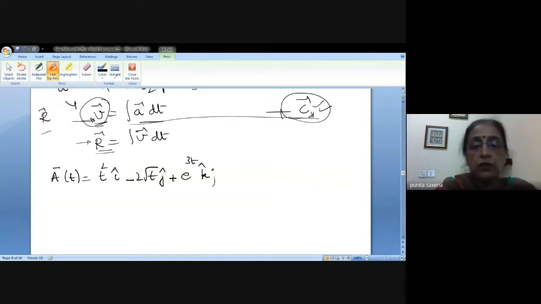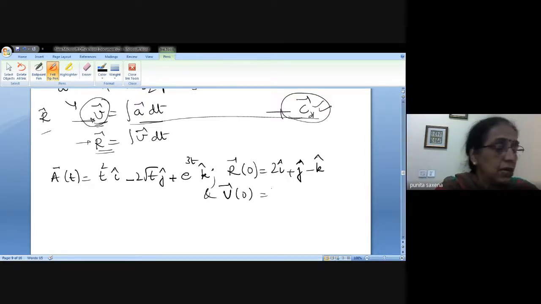And you are given two conditions: R at 0 is 2i plus j minus k, and v at 0 is i minus j minus.